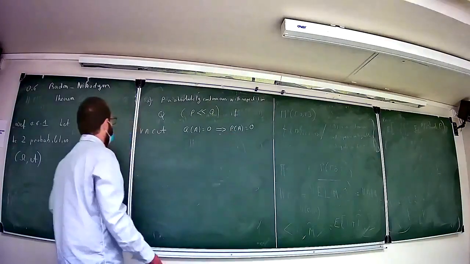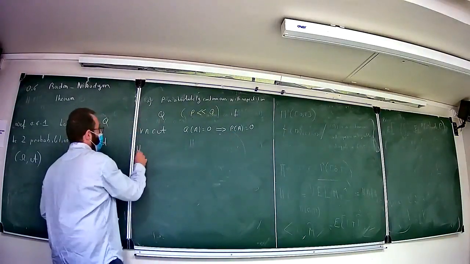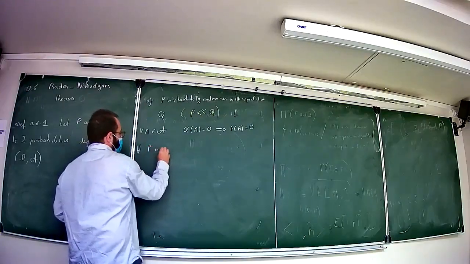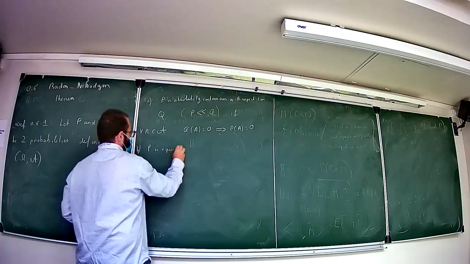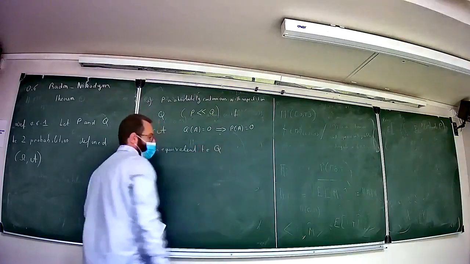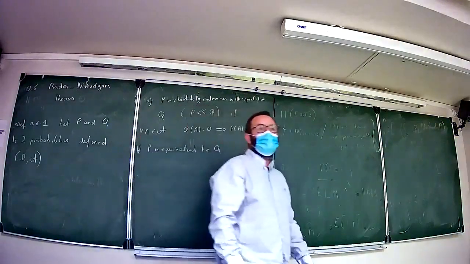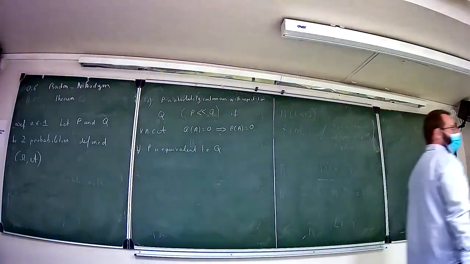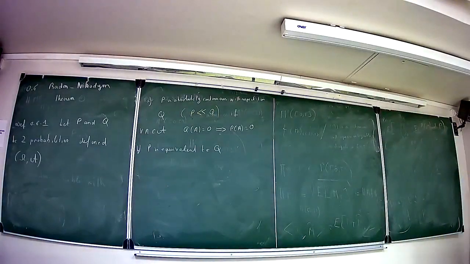Okay? Second definition. P is equivalent to Q, something that is important in finance. You have the notion of equivalent martingale measure: the probability equivalent to P that makes the actualized value of the risky asset a martingale under Q. Equivalent is this one.